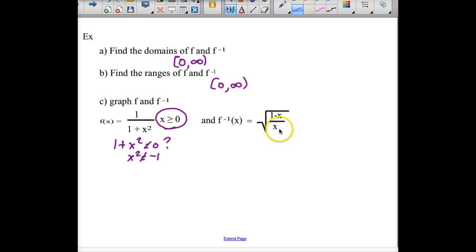Let's just make sure that makes sense. Can you put numbers like 0 to infinity here in this equation? Well, you can't divide by 0, can you? So how could that be the range? But could we have all the numbers other than 0, like 1, 2, 3, 4, 5?